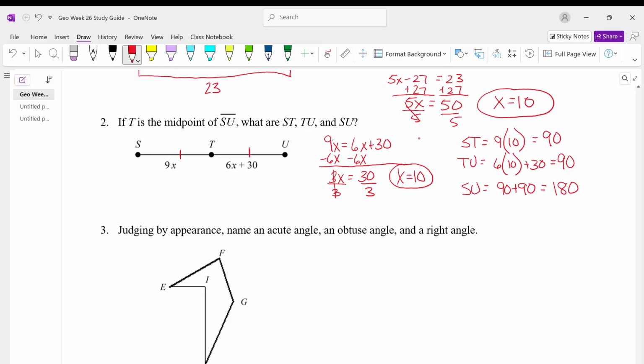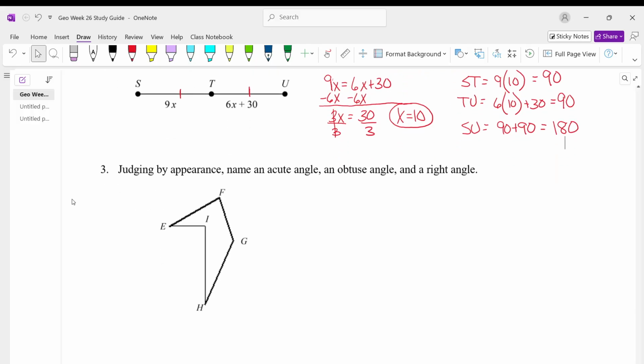All right, then problem number 3. Judging by its appearance, name an acute angle. So acute is less than 90.